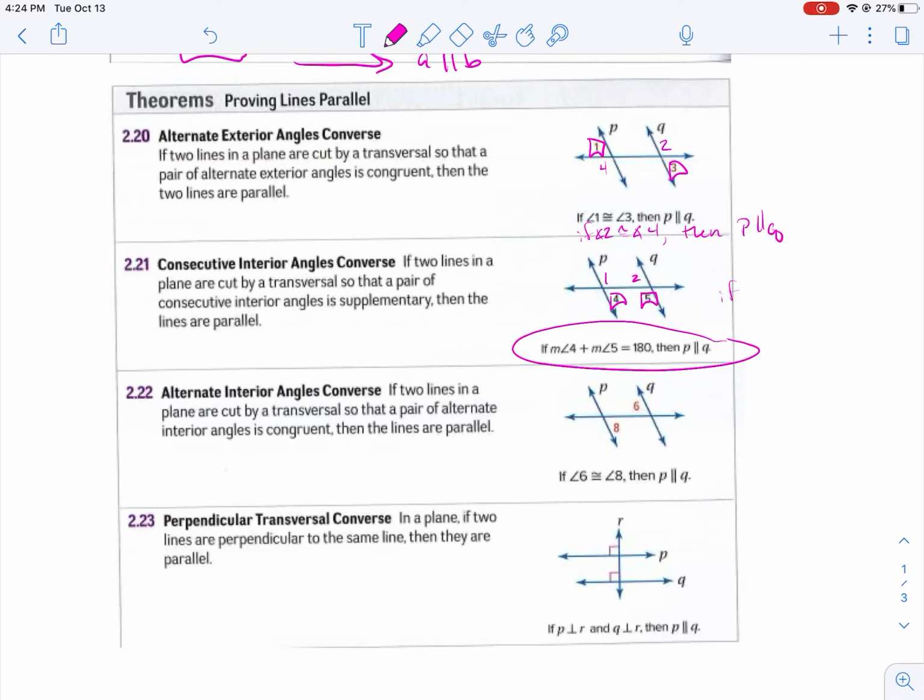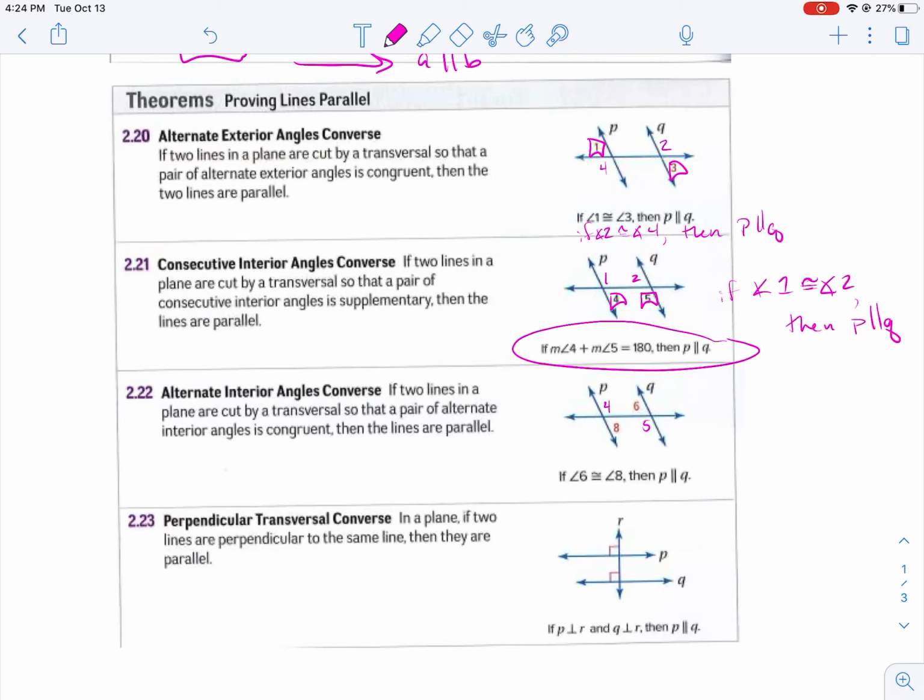Our alternate interior angles converse is kind of just like the alternate exterior. All right, so let me put some different numbers in there, 4 and 5.